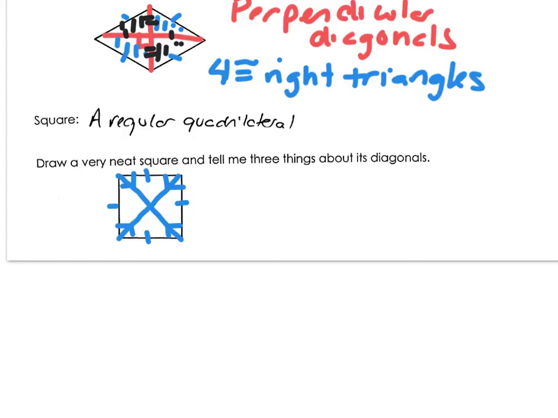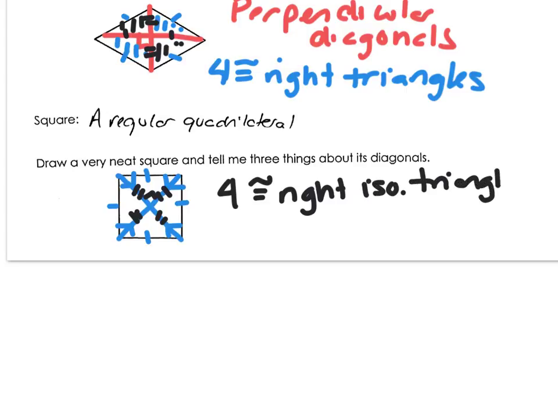So when we draw those diagonals, we can tell that we have four congruent right isosceles triangles. So basically, it's like all of the above.